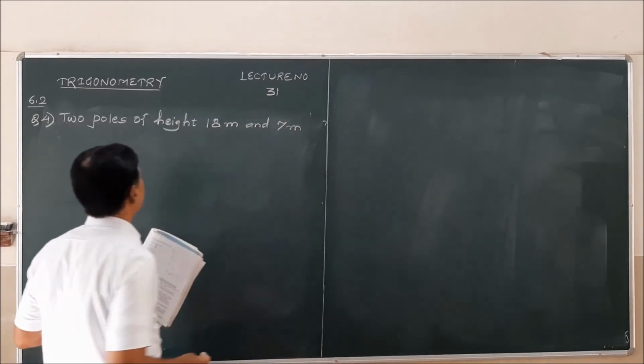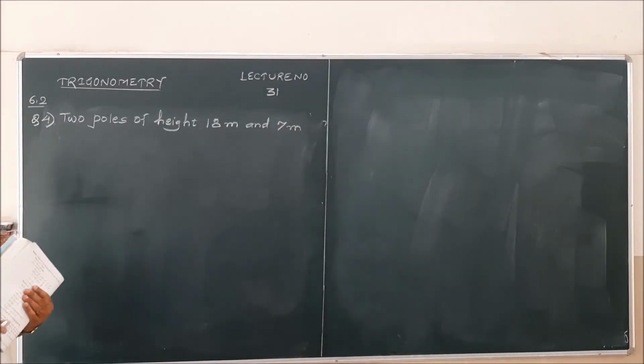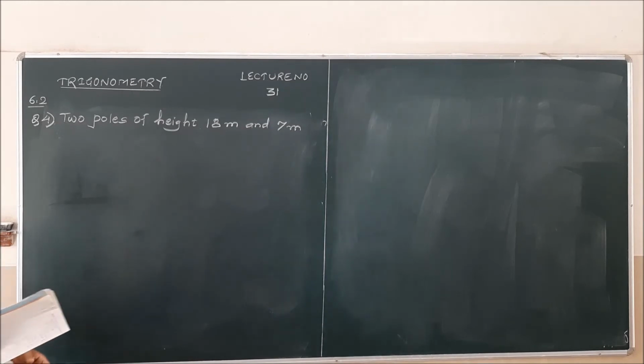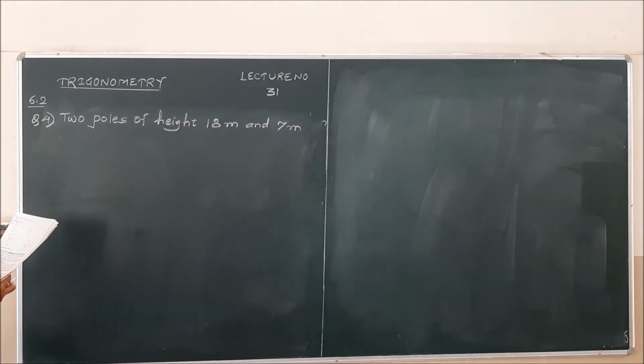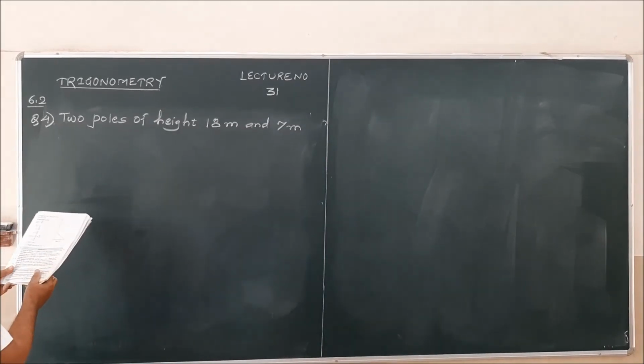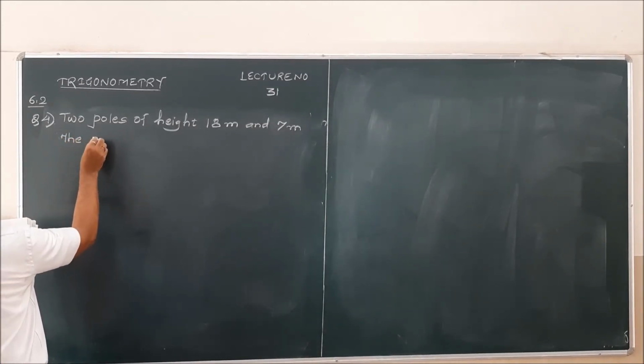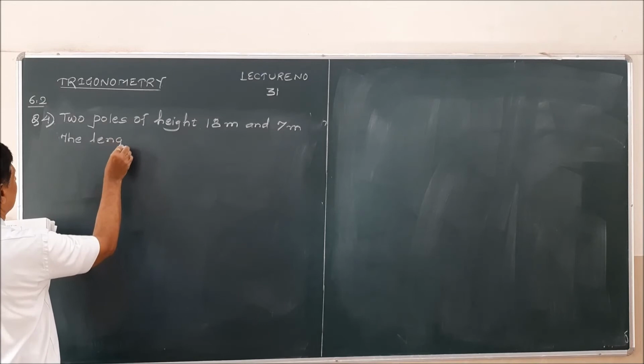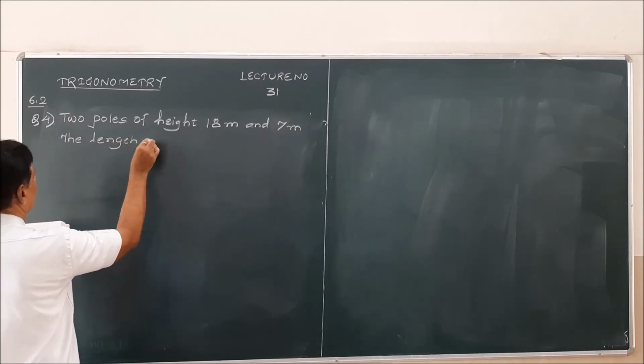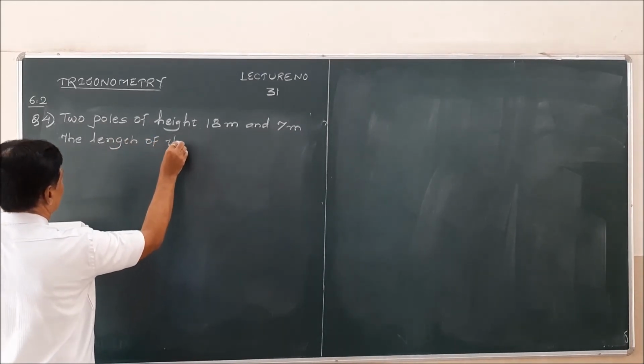Two poles are there. One is of height 18 meters, second one is of 7 meters.